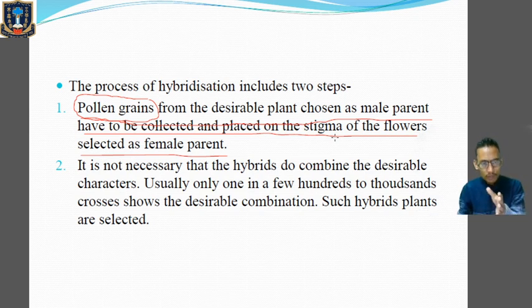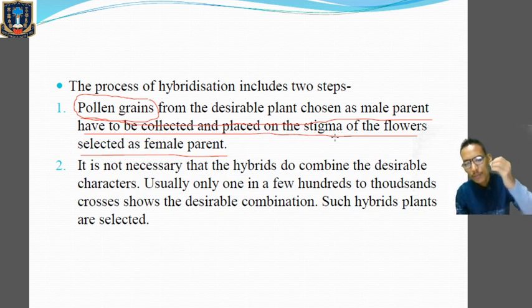Now, the second thing is that it is not necessary that the hybrid combines the desirable characters. Usually, only one in a few hundred to thousand crosses shows the desirable combination, and such hybrid plants are selected. Let's say we have gone for hybridization, and during cross hybridization 100 progeny have been formed. We are not sure that all 100 progeny contain the desirable characters from both parents.